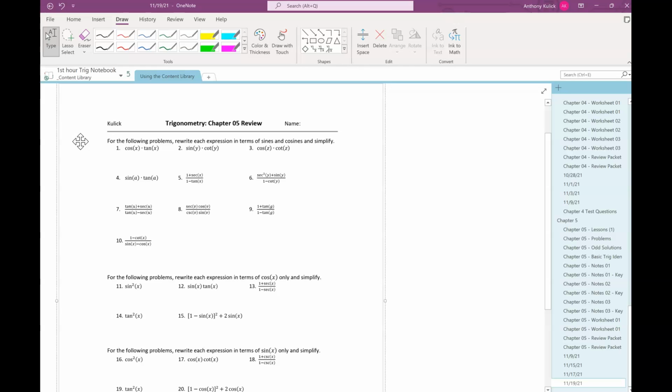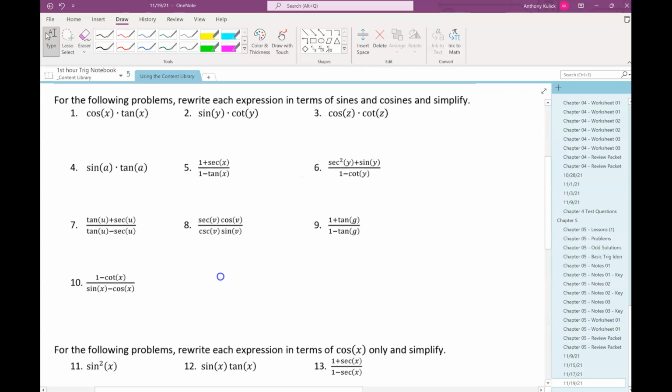All right. So the directions say to rewrite this in terms of sines and cosines and then simplify. The first thing I would do before any of that is look to see if there's anything algebraic to do. Worth noting that you can't reduce this because of the addition and subtraction going on. You remember we can't reduce part of an addition or subtraction problem.